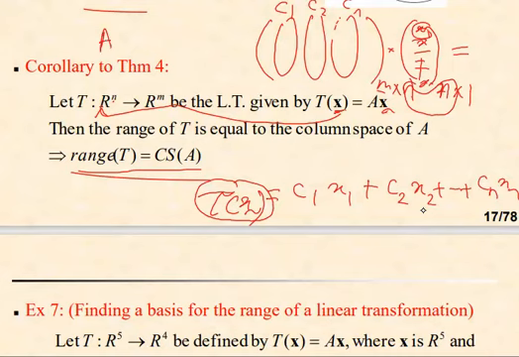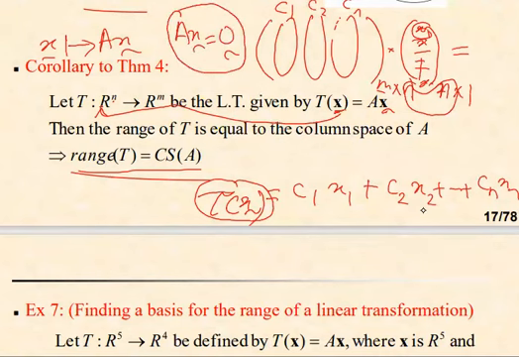So AX, in this way, X maps to AX. What is this? The solution space. When you consider the set of all solutions to this homogeneous system, that set would be the kernel of T, and the column space of A would be the range of T, right?